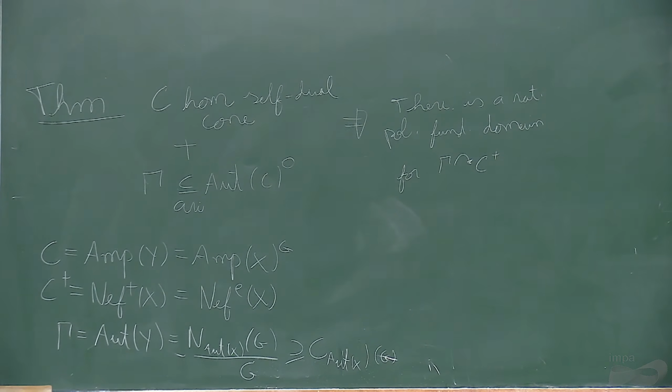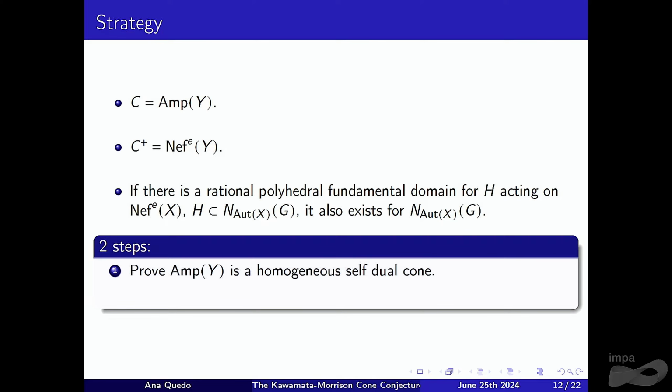So basically what I'm saying is that we can reduce our proof to 2 steps. The first one is to prove that my ample cone is now a homogeneous self-dual cone. And the second one is to prove that my centralizer is arithmetic in the connected component of the identity of the automorphism group of the cone.